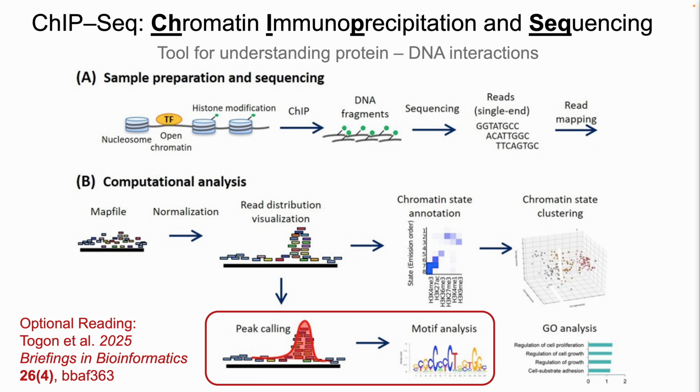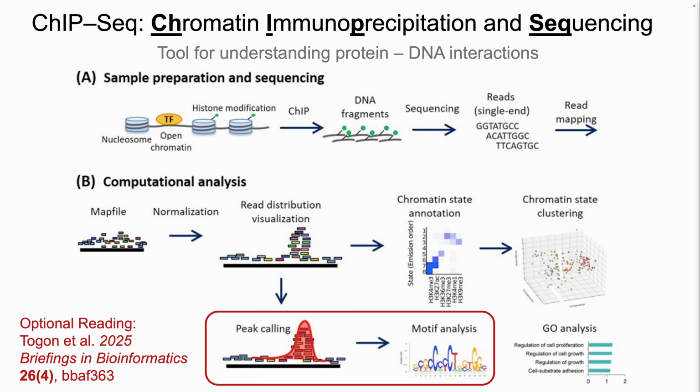Before I move on, I just wanted to highlight, and this is the reading that I mentioned, the Togon et al. 2025 paper that's in Canvas. This little bit, in terms of how you go from the sequence part, so I've mapped it and now I've tried to call my peaks, that is not trivial.